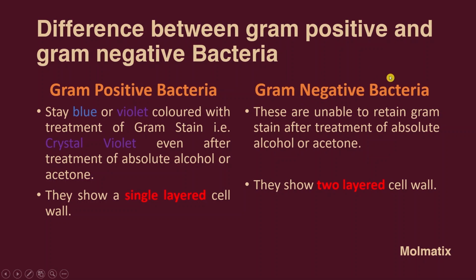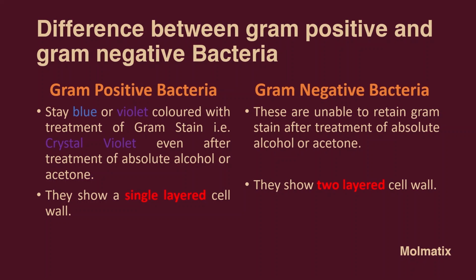In gram negative bacteria, the outermost layer of the cell wall is the lipopolysaccharide layer that dissolves after the treatment of alcohol or acetone, and the gram stain gets washed out.